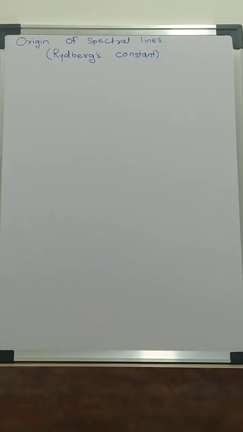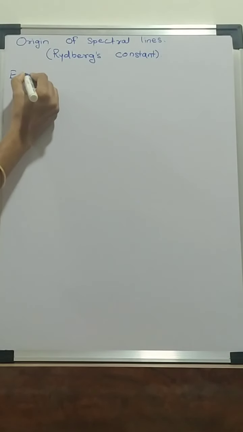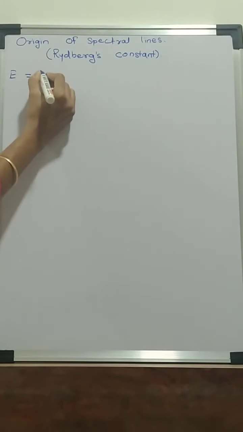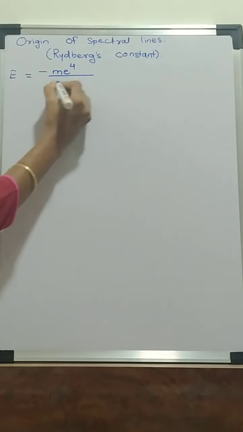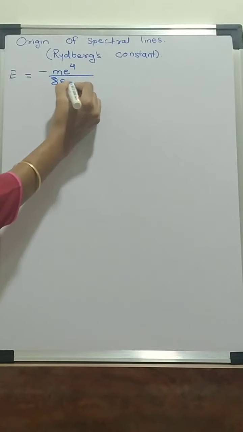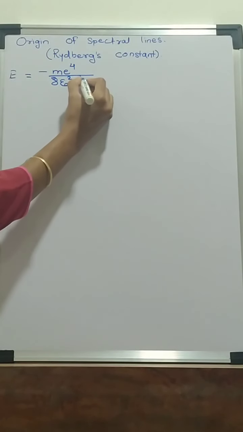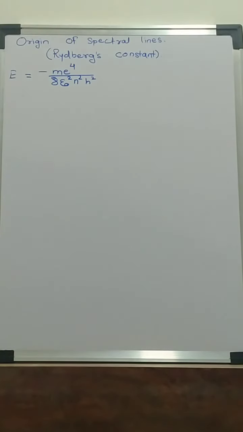We know the energy of an electron in nth orbit is given by minus me raised to 4 upon 8 epsilon naught square n square h square.